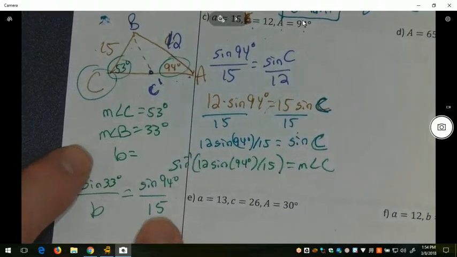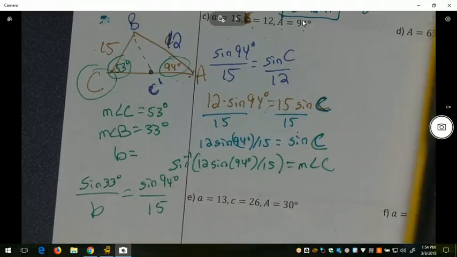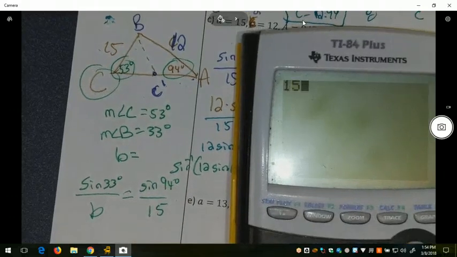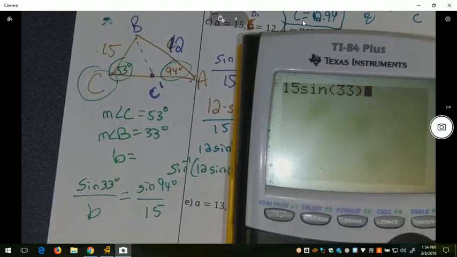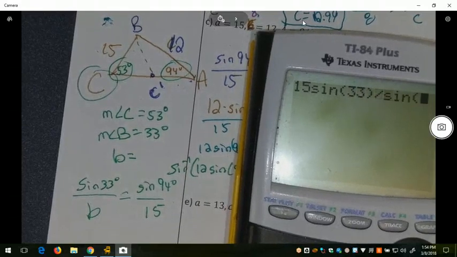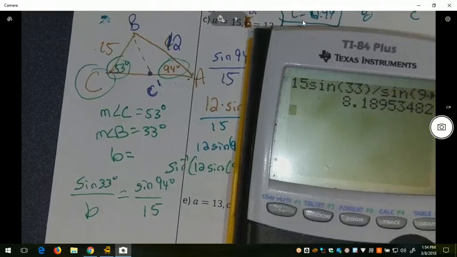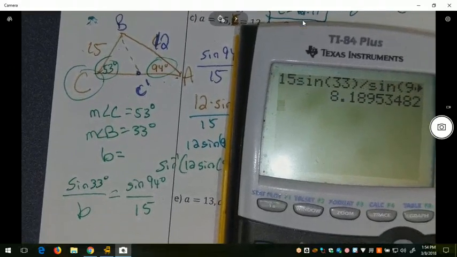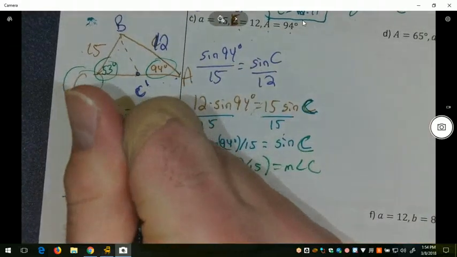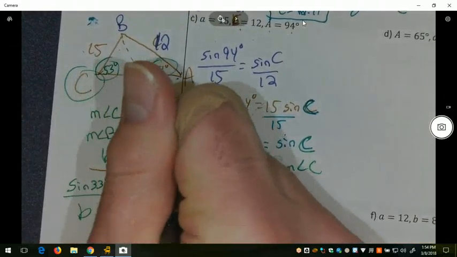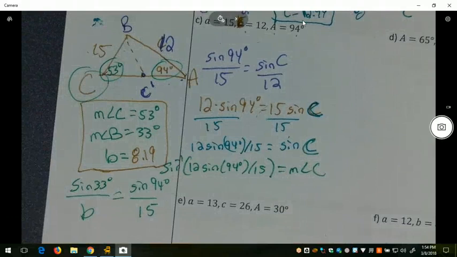We're going to cross multiply, and then to solve for B, we'll have to divide by sine of 94. So 15 times the sine of 33 degrees divided by the sine of 94 degrees. This gives us 8.189, which is 8.19. So B is 8.19. That's one possible solution.